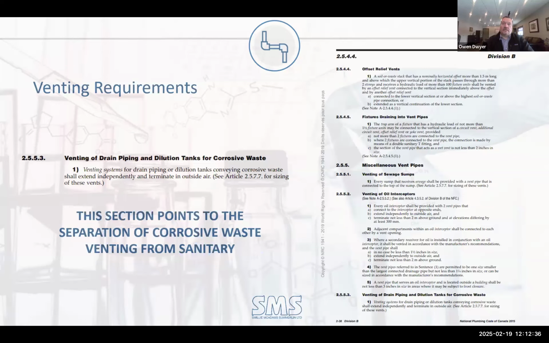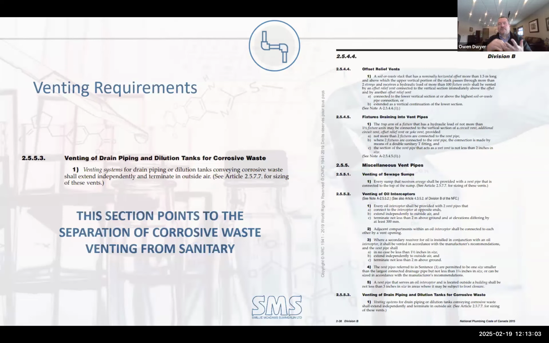So what does that mean? At no point does your vent system or your vent for your corrosive waste drainage tie into your standard DWV. It is independently vented into outside air. You can collect them as a corrosive waste system and have one stack, but it is to be looked at as a standalone system. So you have your corrosive waste drainage and your corrosive waste venting.